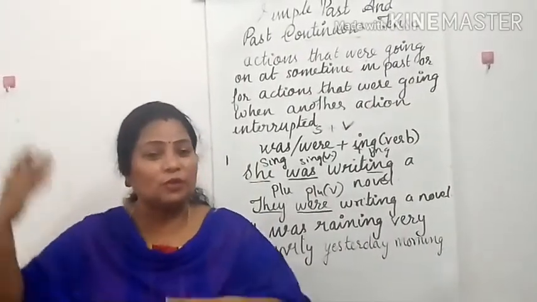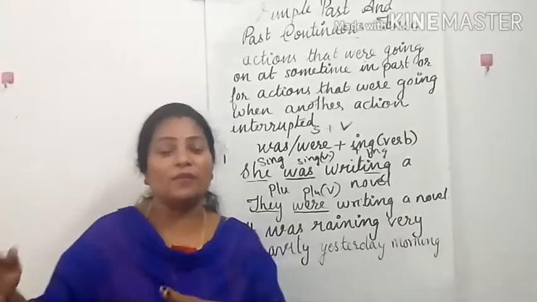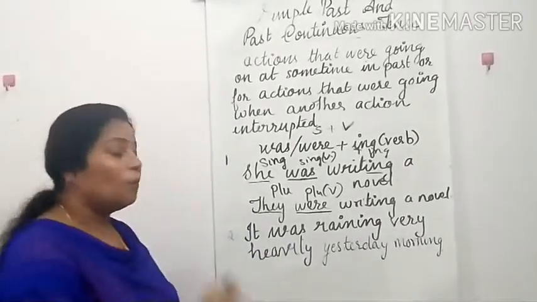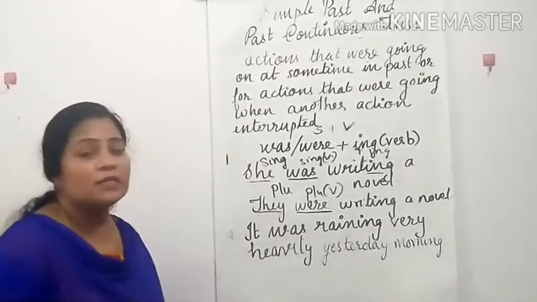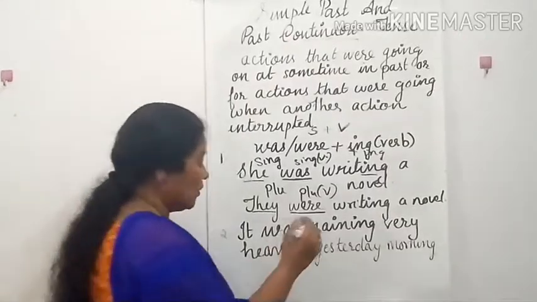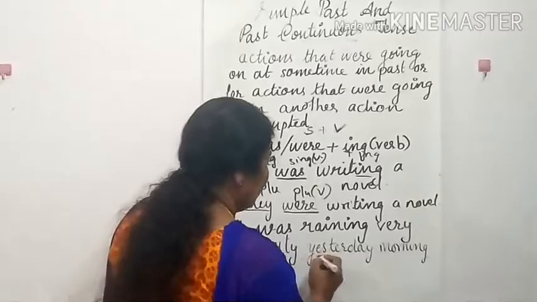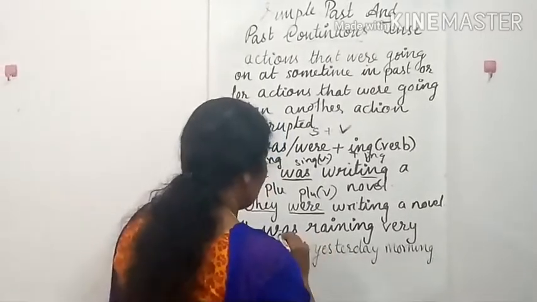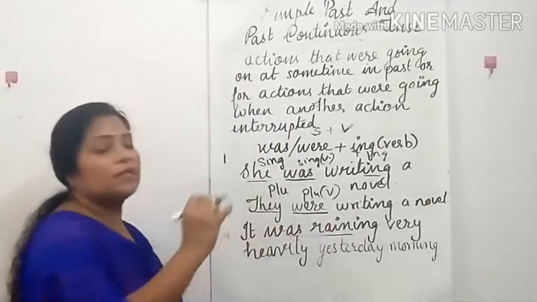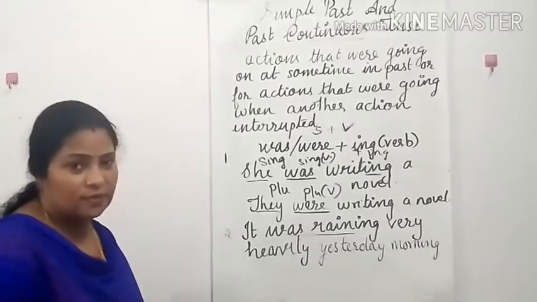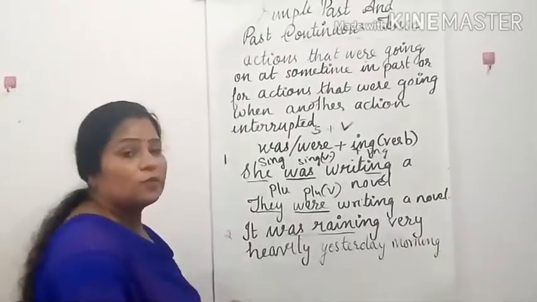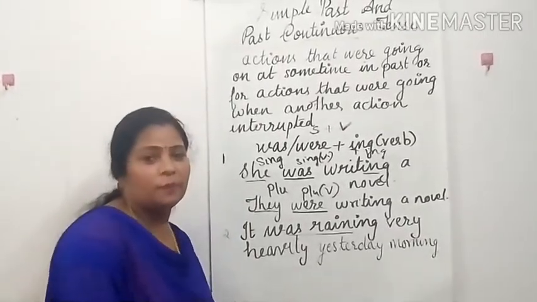It was raining continuously. It was raining heavily yesterday in the morning. So again here it is past continuous tense. Okay. So here we have was raining, which shows that it is in the past continuous tense. Okay. Now let's move to the next example.